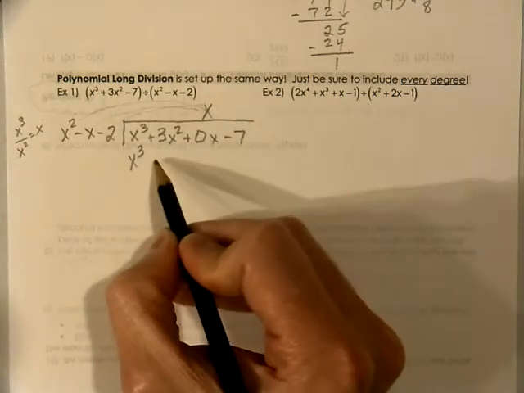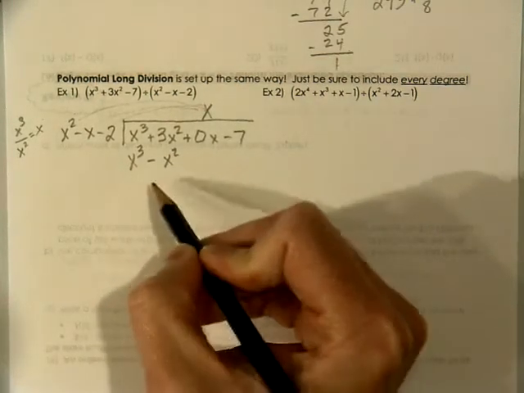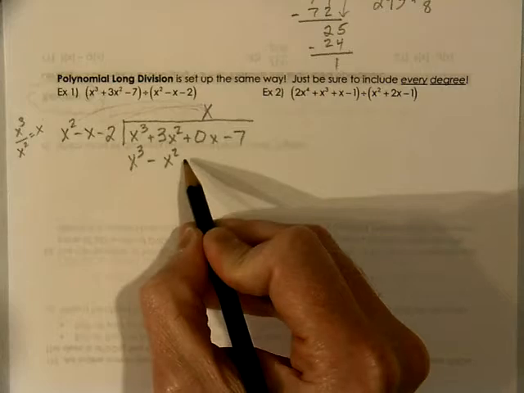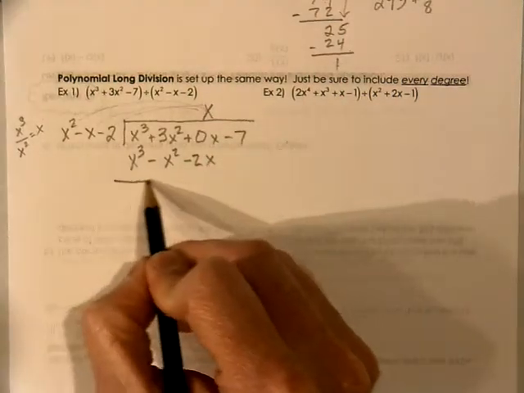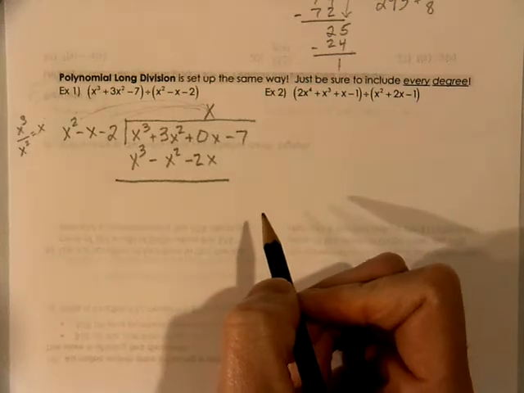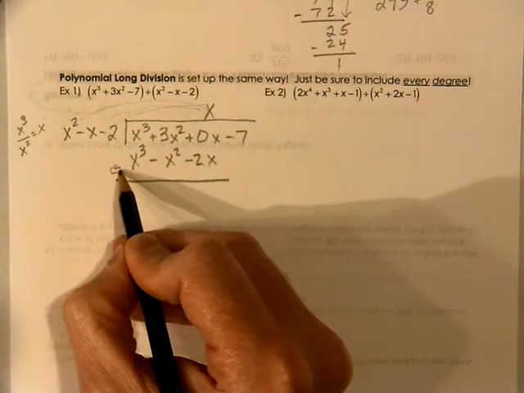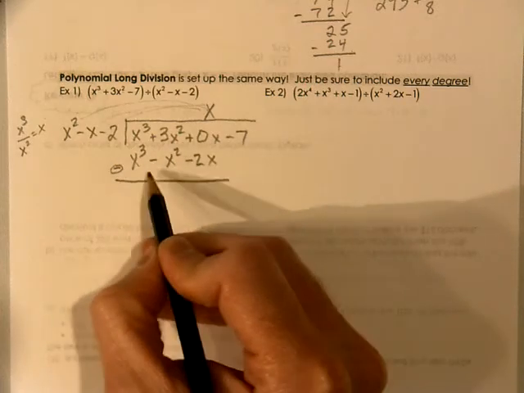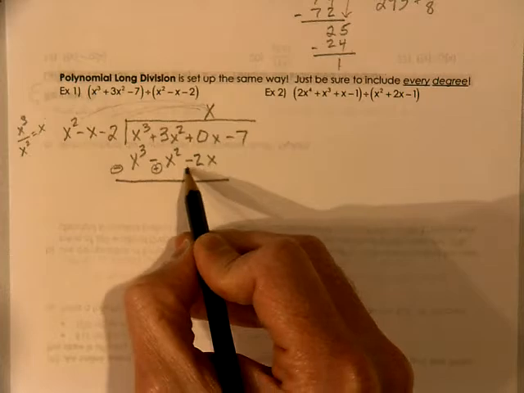And then x times x is x squared. And x times negative 2 is negative 2x. We come down and we change the signs. We don't just subtract, we change all the signs. We kind of distribute it to all of them.